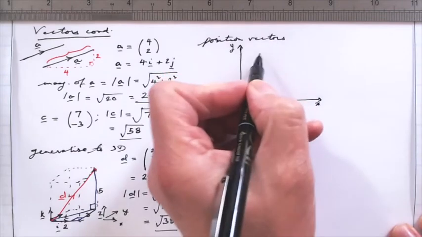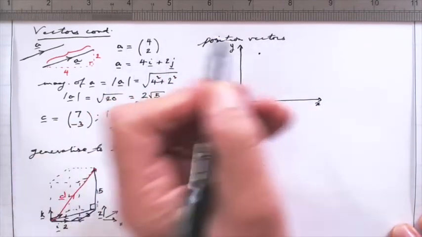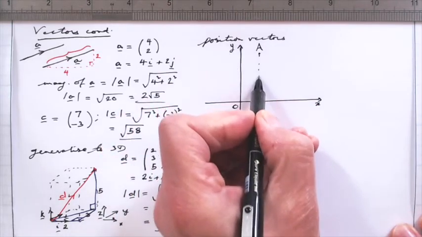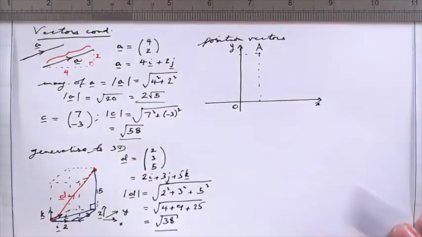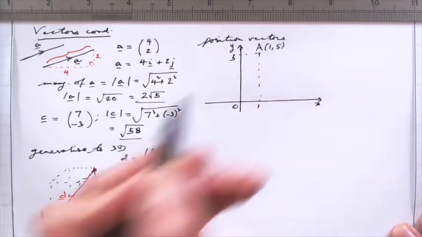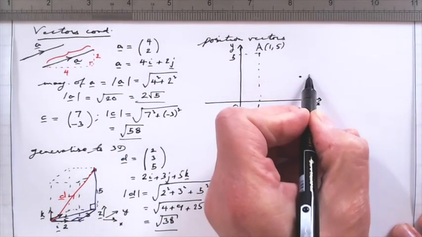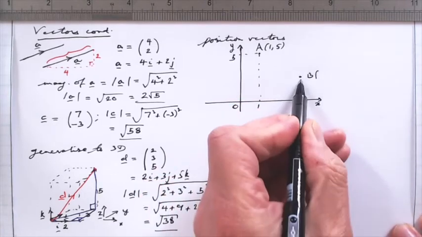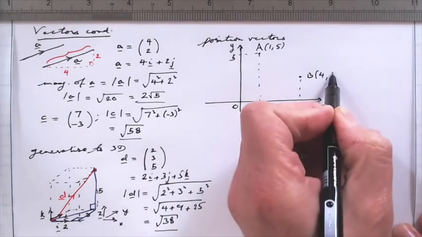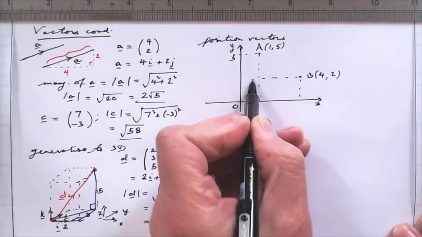So I could have a point here, let me call it a point A, and let's say its coordinates are 1, 5. I can have a point B, say over here, with coordinates 4, 2, just for example.